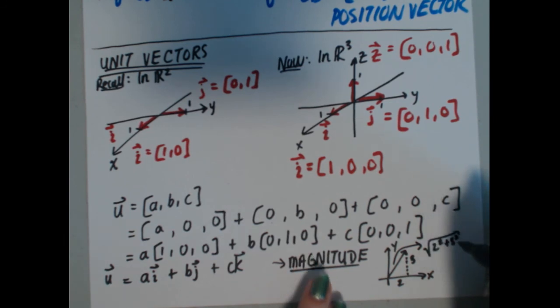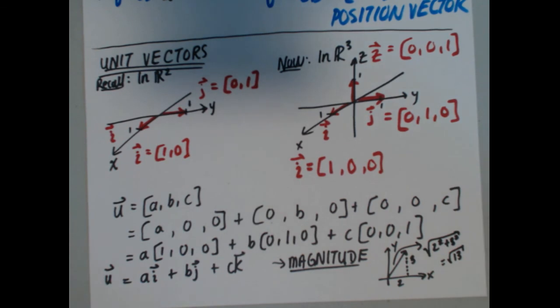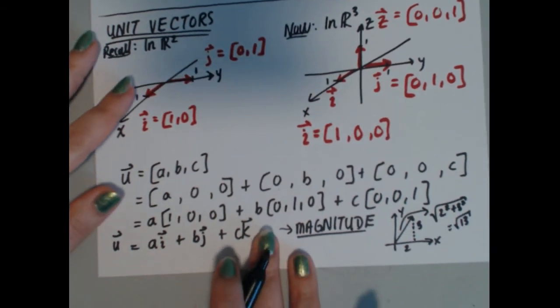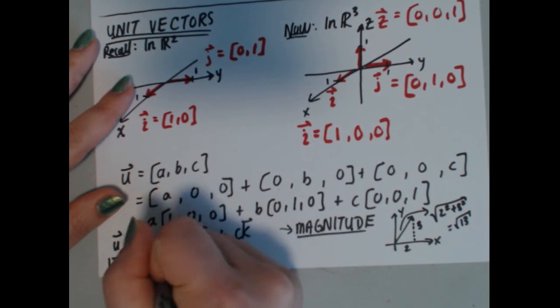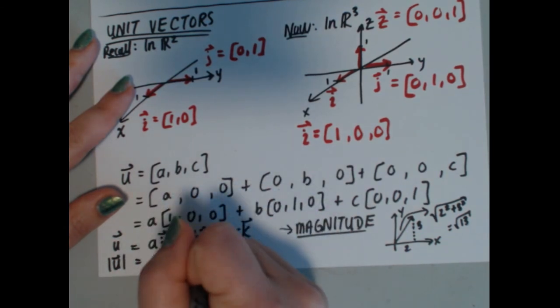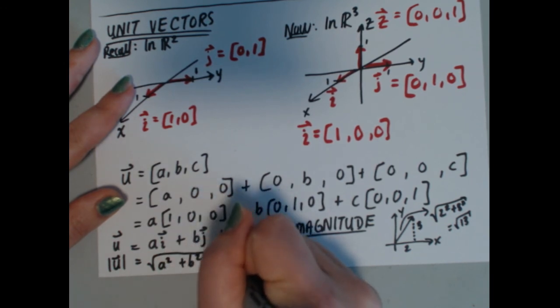What is that? 4 plus 9 is 13, so the square root of 13 was the length of that vector, the magnitude. In 3 dimensions, it's very much the same. It's just an extension of the Pythagorean theorem. And so the magnitude of u is going to be the square root of the sum of the squares of the individual parts: a squared plus b squared plus c squared.